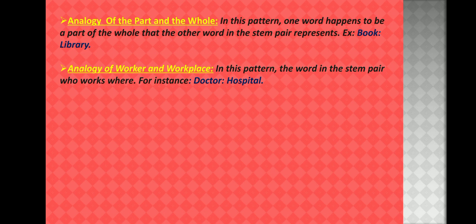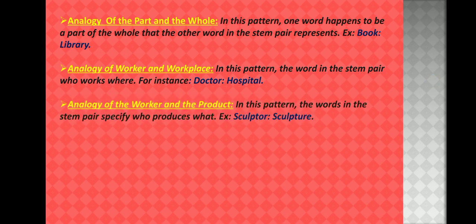Next, analogy of worker and workplace. It is a beautiful stem. In this pattern, the words in the stem pair show who works where. For example, doctor, hospital, teacher, school, etc. Next, analogy of the worker and the product.